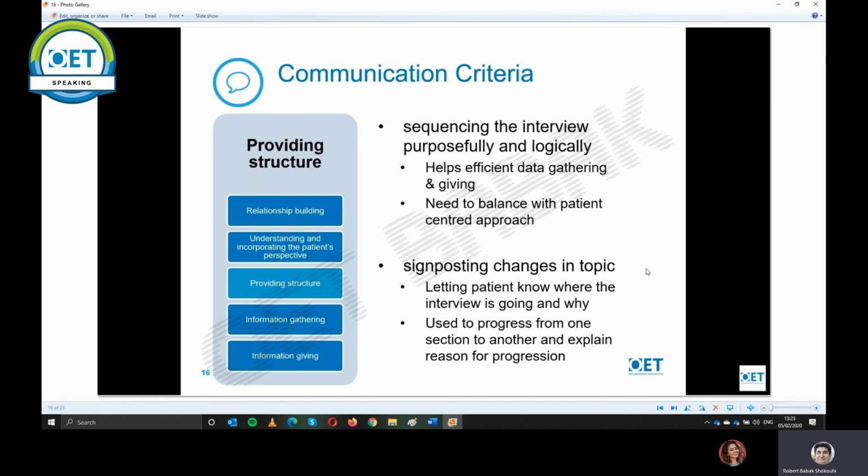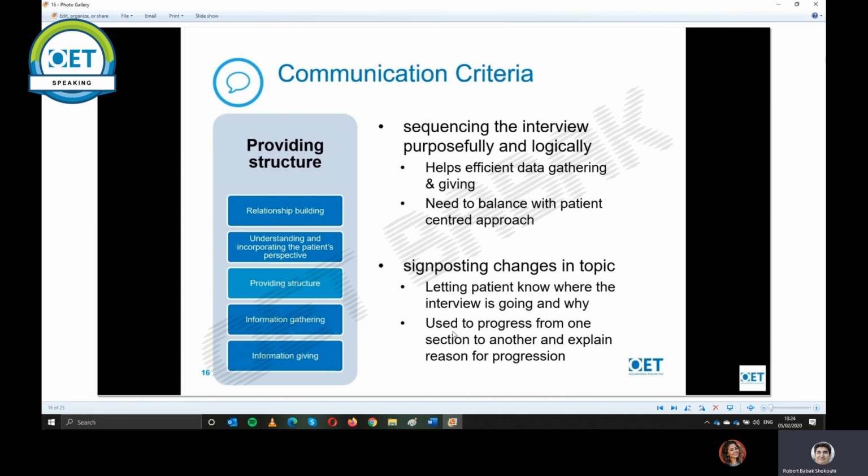So these are called signposting. These give a structure to the consultation. So if the different parts of the consultation can be identified easily, it means that you get your full mark on this.